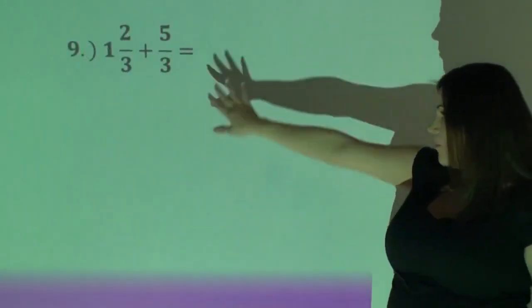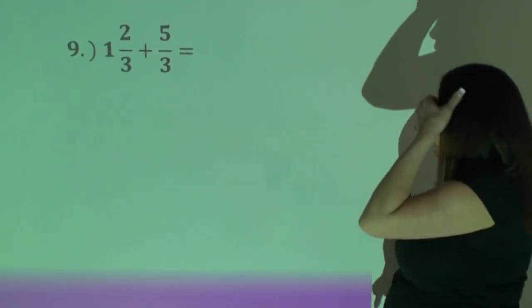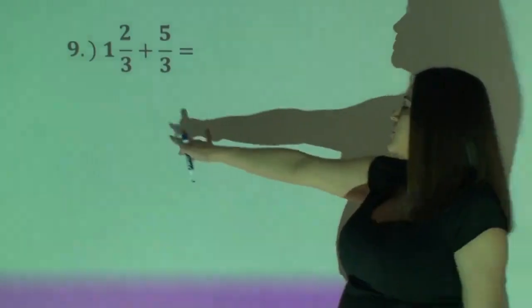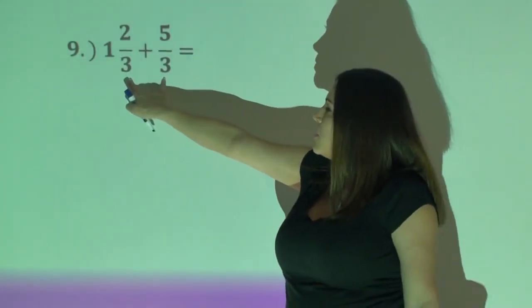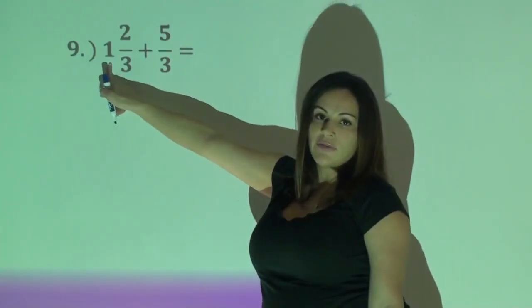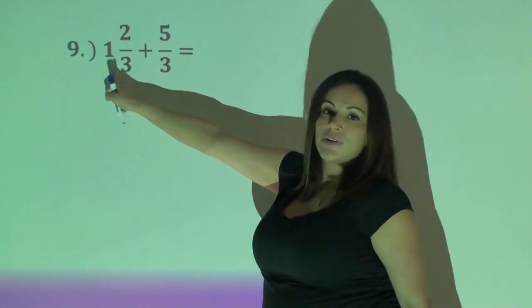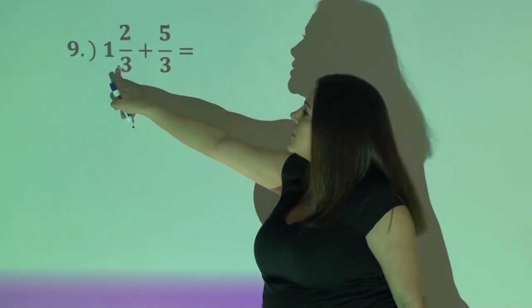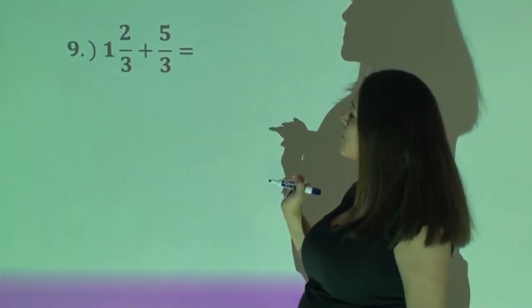Here we've got 1 2/3 plus 5/3. So we do have a common denominator here, so we should be able to add them, but we've got to deal with this one over here first. So what we're going to do is convert this mixed fraction into an improper fraction to be able to add them.